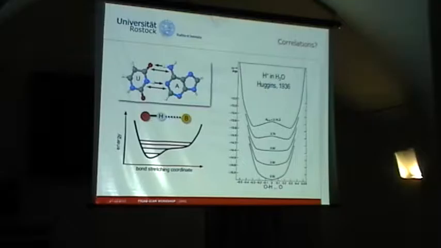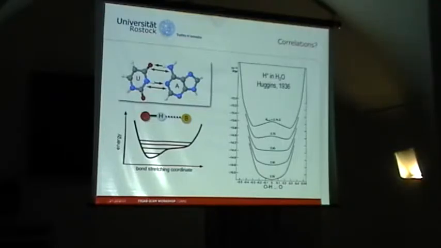There's no proton transfer in this cartoon here, so this would mean there's a stable minimum over there. What you see, however, is that when you change this NO or the NN distance, the potential energy surface for the proton motion will be heavily affected, so it will change a lot.